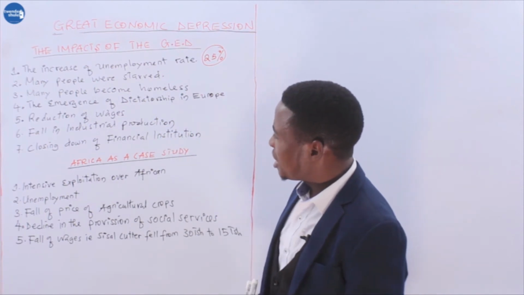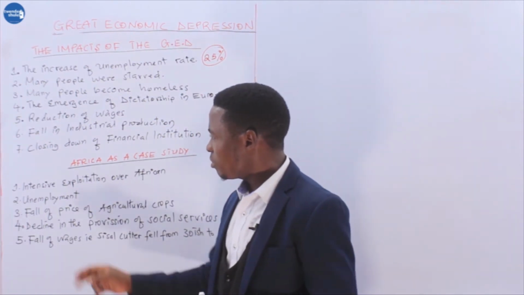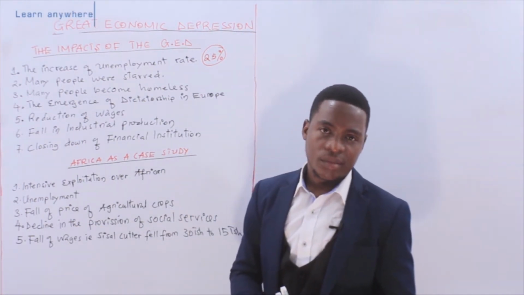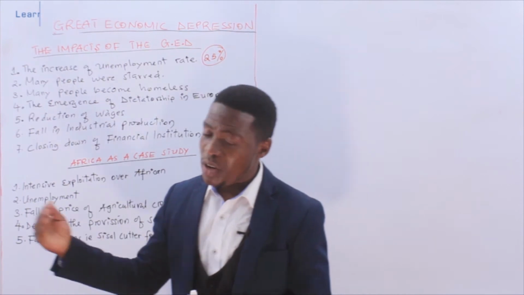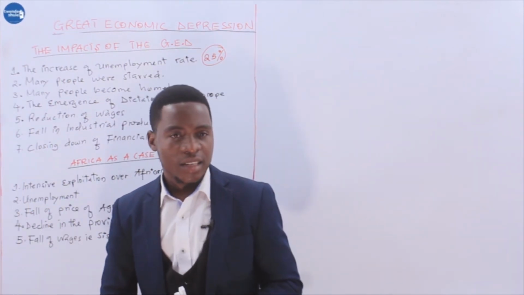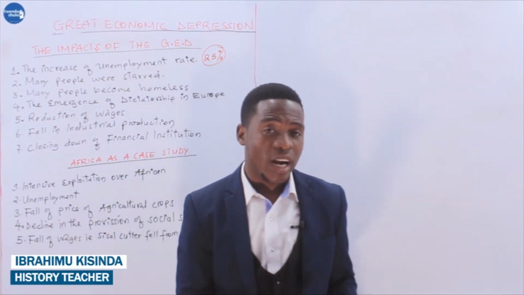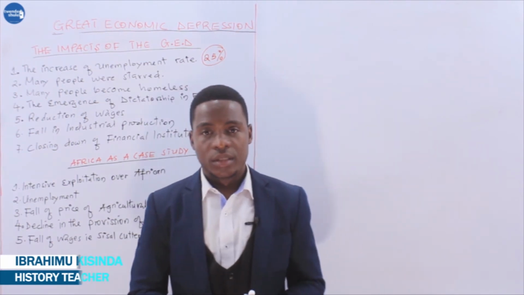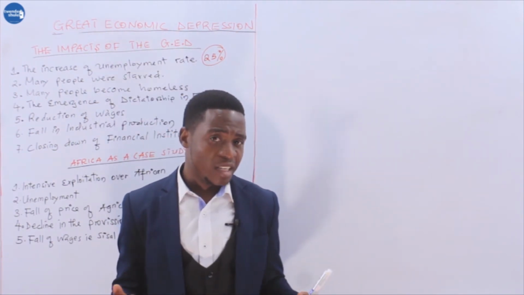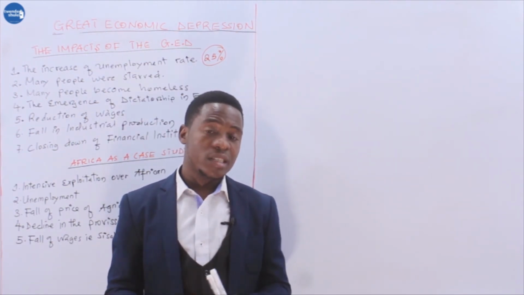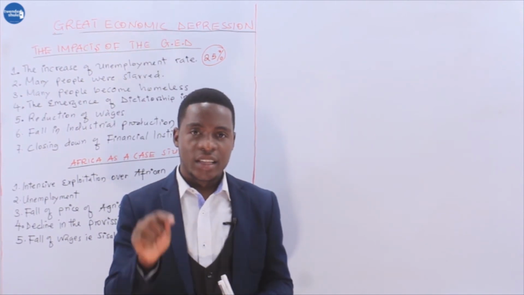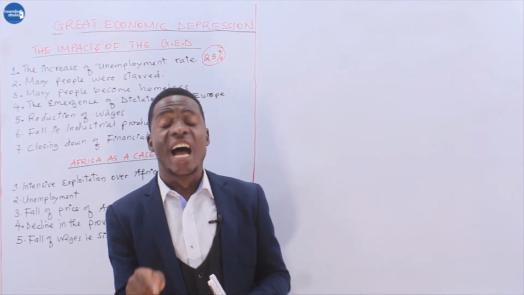Another impact of the Great Economic Depression was the reduction of wages. Due to the unemployment rate, the few who survived to work had their wages reduced. For instance, in the USA, sometimes workers' wages were reduced by half.